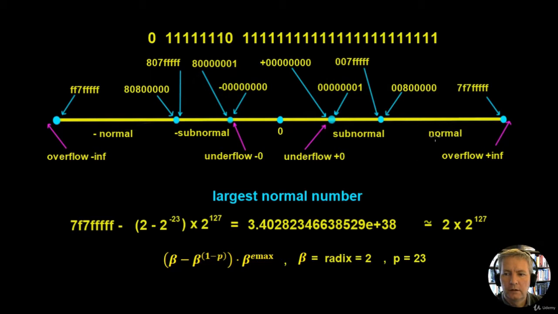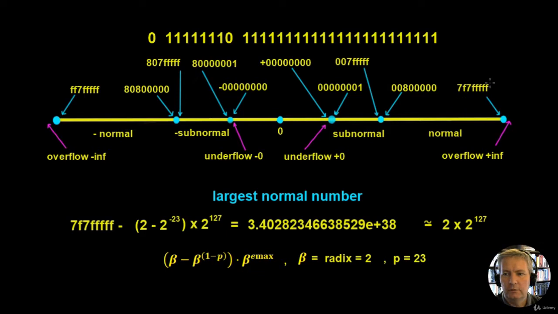So it's a good idea to work your way along the number line and have a look at the junction between each of the number types. You'll note here as well I've put the numbers in hexadecimal.